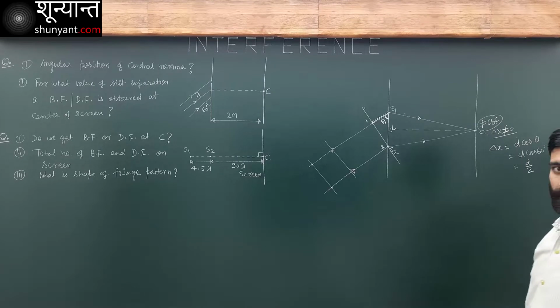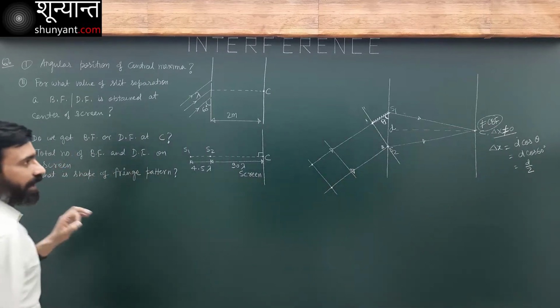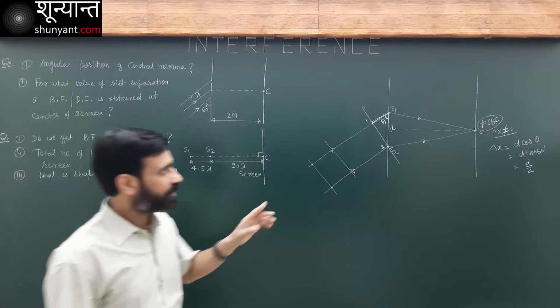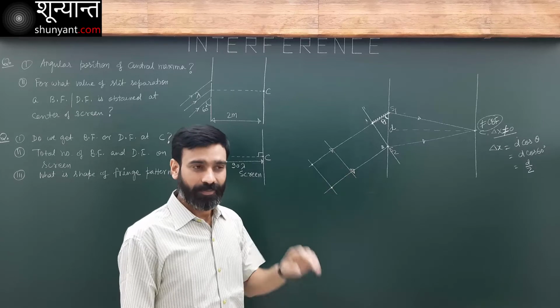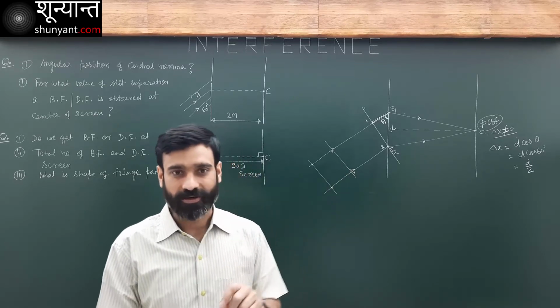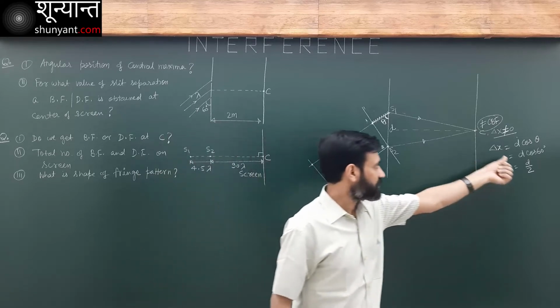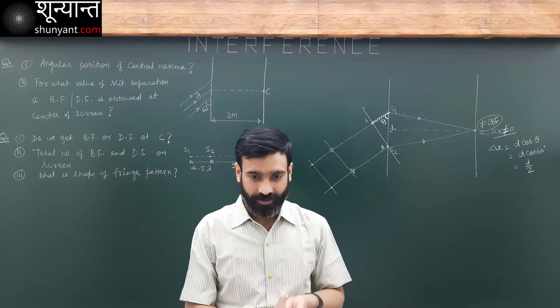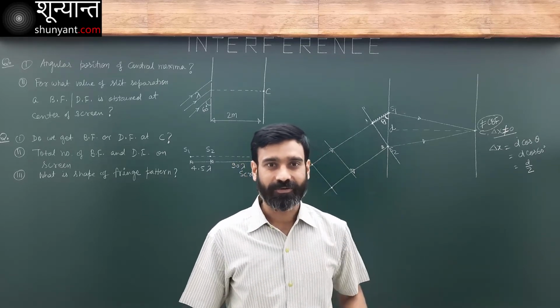It's clear. Now, will I get a bright fringe or a dark fringe? That will depend on delta x, the value of d by 2. Depending on this path difference d by 2, I can get a dark fringe, a bright fringe, or any intermediate value.